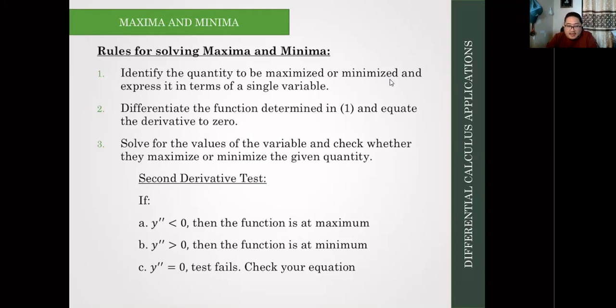Okay? Second, i-differentiate daw natin yung function determined in number 1 and equate natin yung derivative to 0. So once we get the first derivative ng function na nakuha natin, na gawa natin in terms of a single variable, i-equate natin siya sa 0. So bakit ni-equate sa 0?